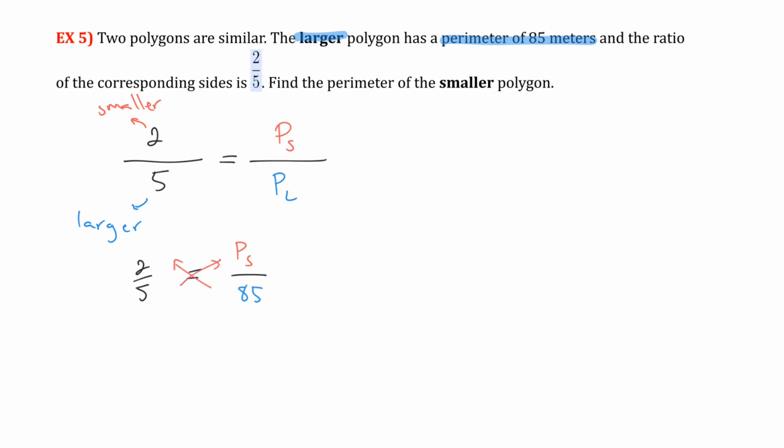Going to go ahead and cross multiply here. And what we get is 5 times the perimeter of the smaller polygon is equal to 2 times 85. That gives us 5 times the perimeter of the smaller polygon is equal to 170.